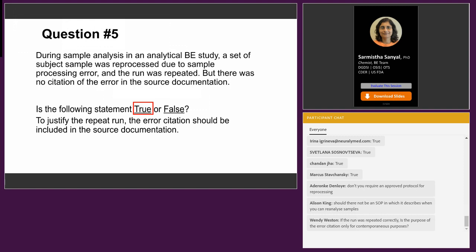So even if, as I just mentioned, it's approved by your SOP, you still should have contemporaneous documentation so that the study can be reconstructed. So whenever there is a question of why this run was repeated, you have the written report of why.